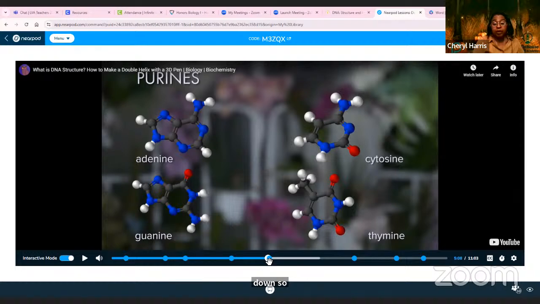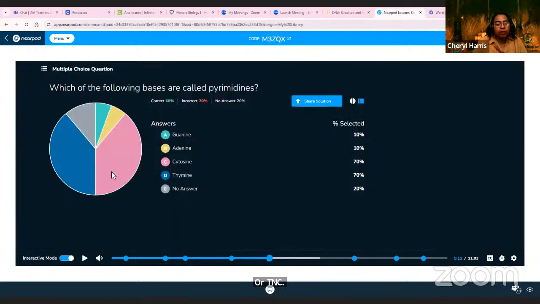So the pyrimidines, this one just says purines. So the purines are A and G, but they're not the ones that match. Okay. A and G are purines, and C and T, or T and C, are your pyrimidines. Okay, so this pie should be half blue, half pink, because both of those answers are correct.